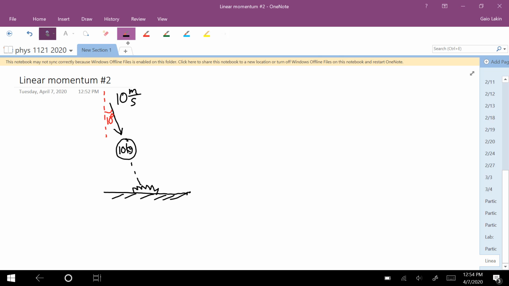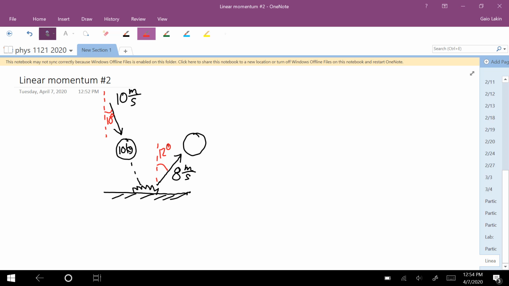And then after the collision, it's going to bounce this way. After the collision, the speed is 8 meters per second, and it makes an angle of 12 degrees with the vertical.